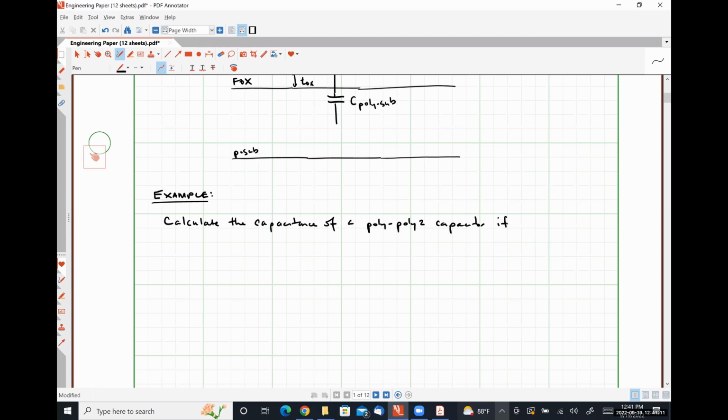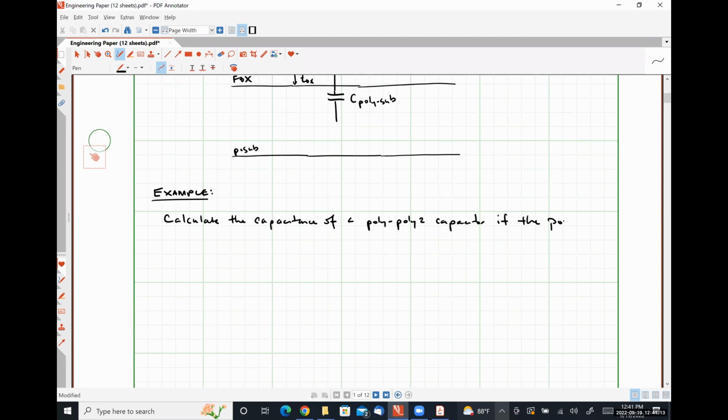If the poly 2 plate has dimensions of 20 lambda by 50 lambda for a C5 process.